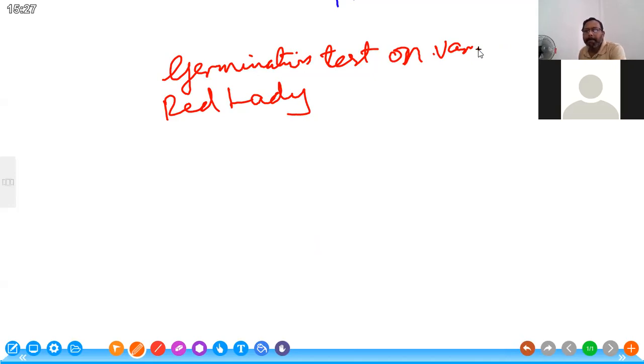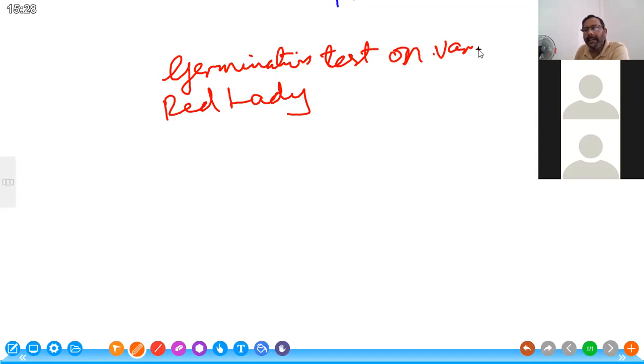Papaya, right. For example, red lady, I'm going to do a germination test. What is the hormone that is used to induce the germination? Auxin, right?